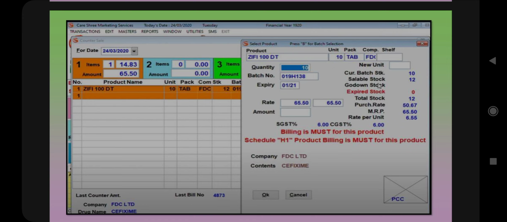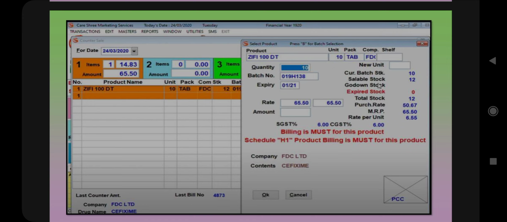Quantity is 10, then batch number, expiry, rate, amount. Here it is mentioned that billing is a must for this product: Schedule H1, meaning for Schedule H1 the billing should be there.